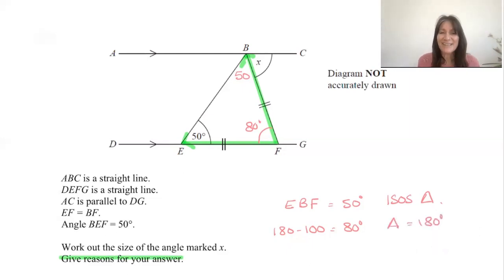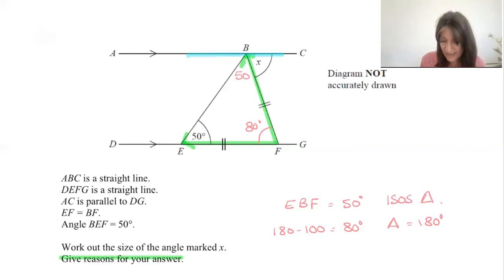My poor brain. Okay, so let's just recap so that that mistake is really, really clear. The 180 take away 100 to give me the 80 for angle EFB has happened because angles in a triangle are 180 degrees. Okay, now to finish this off, I am going to be using the parallel lines.